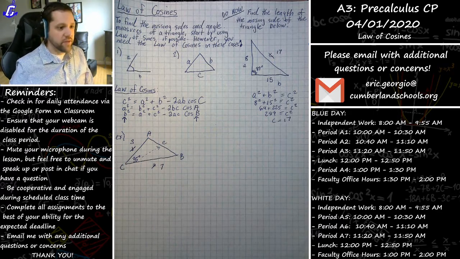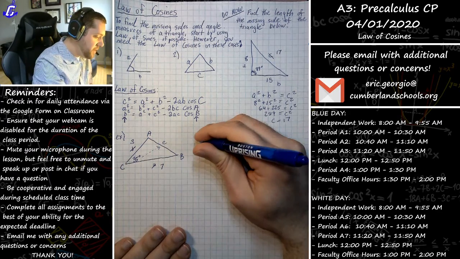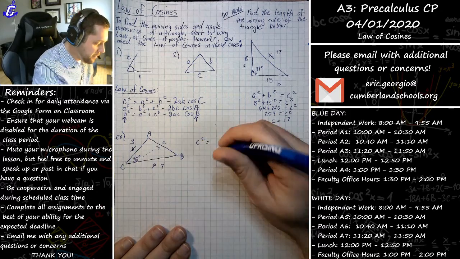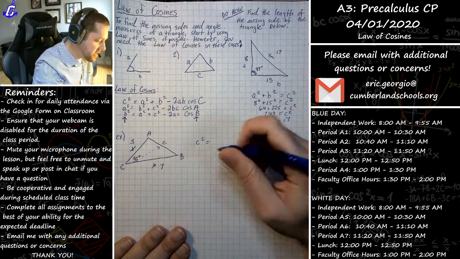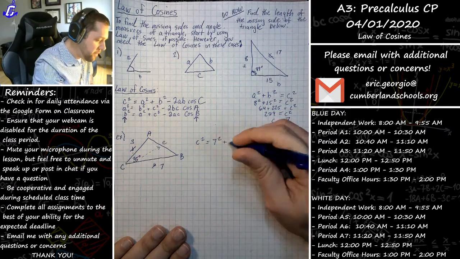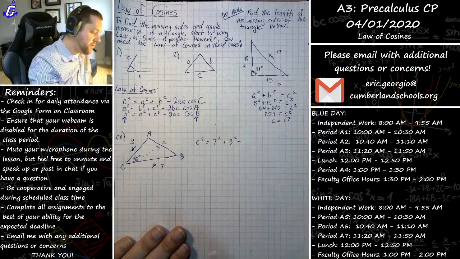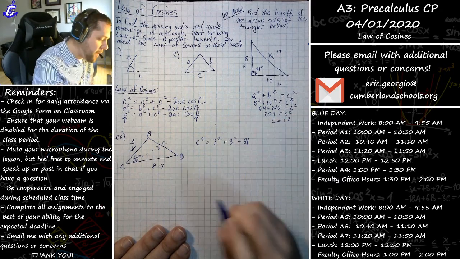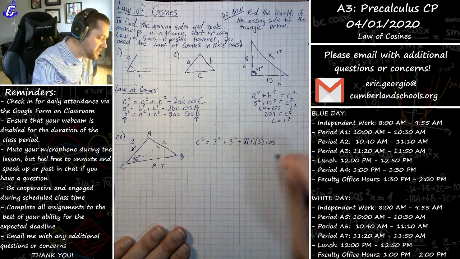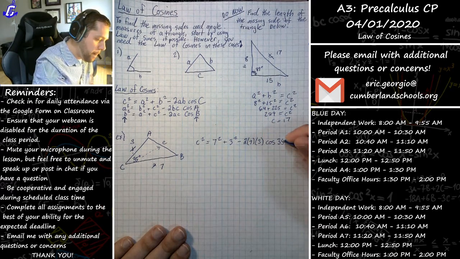So I have to start by saying, well, c squared should equal, I'm just going to use this law of cosines, a squared, which is 7 squared, plus b squared, which is 3 squared, minus 2ab cosine of c, which is 35 degrees. Okay?